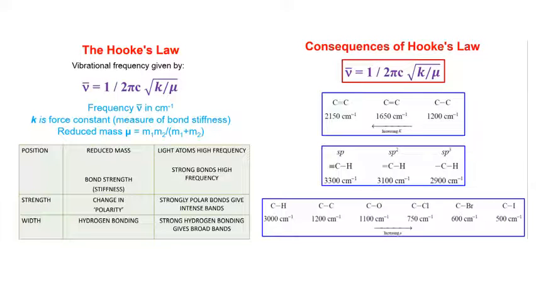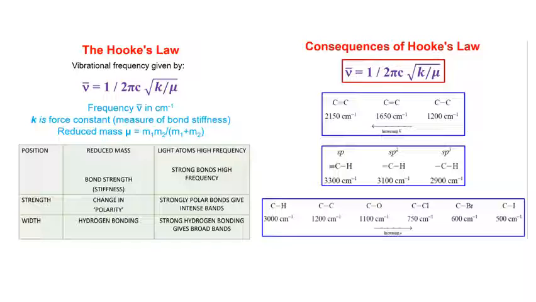Now, what are the consequences of this Hooke's law? There is a simple chart I have prepared where you can see carbon-carbon single bond, carbon-carbon double bond, carbon-carbon triple bond. Moving from single to triple bond, the bond strength increases, which is quite obvious, and thereby its frequency also increases.